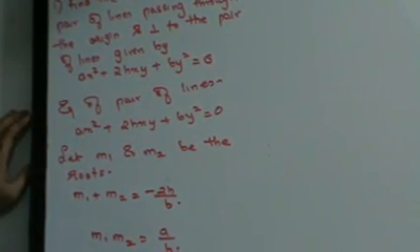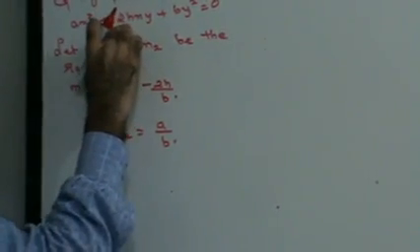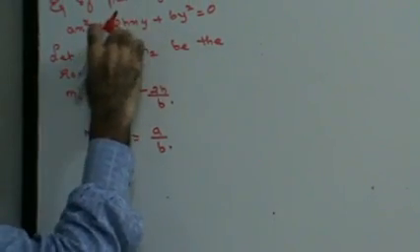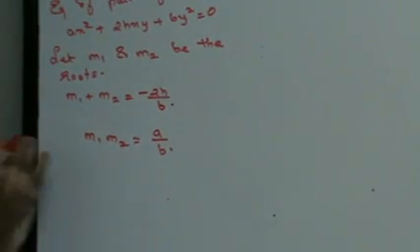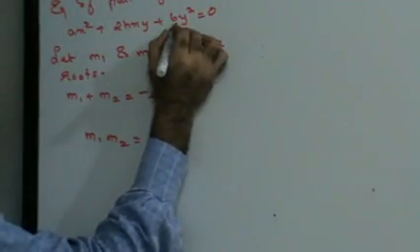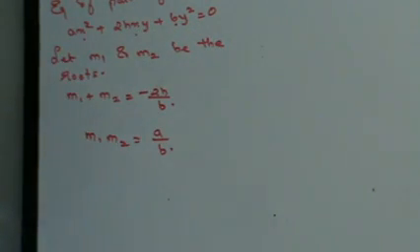So in that case I will get m1 plus m2 is minus b upon a and this is going to be c upon a. Fine, do we get this in clear? Are we clear with this? I'm assuming this to be the first term, this to be the middle term and this to be the last term. Fine, do we get this much clear? Now, once we have this, let's leave this.